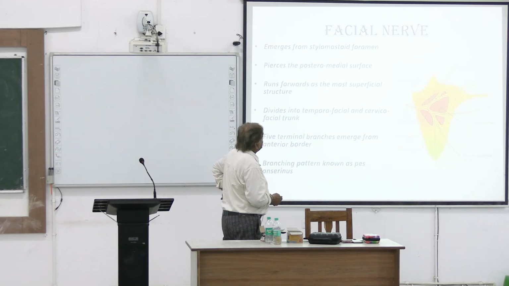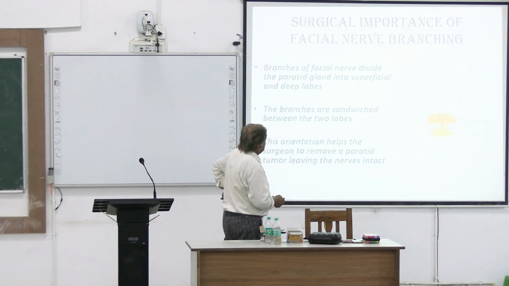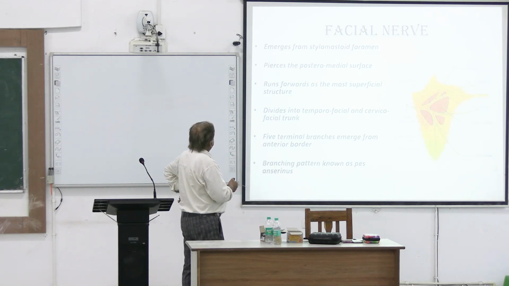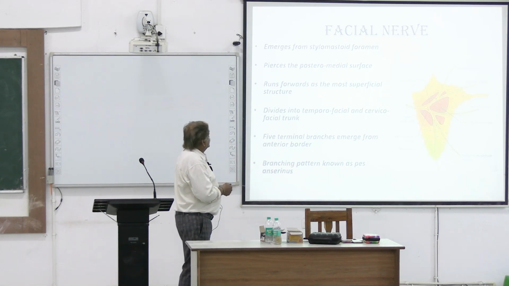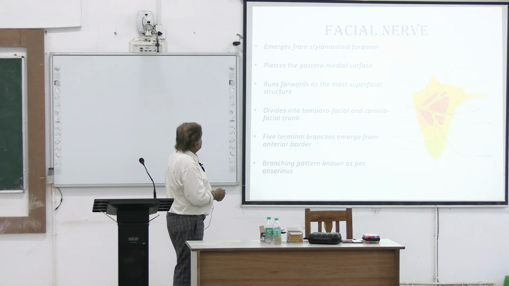The cervicofacial trunk and the temporofacial trunk. This is the zygomatic branch, this is the buccal branch. Now, this is divided by the isthmus. Your facial nerve emerges from the stylomastoid foramen, pierces the posteromedial surface, runs forward as the most superficial structure, divides into temporofacial and cervicofacial trunks.